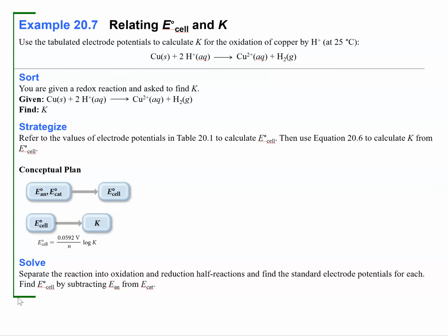In this case, the reaction is solid copper plus 2 equivalents of protons in aqueous phase reacting to form copper-2 cations that are aqueous and an equivalent of hydrogen gas. We're given this particular reaction, and what we want to do is find K. We're going to do it by using the standard reduction potentials, calculating the standard cell potential.